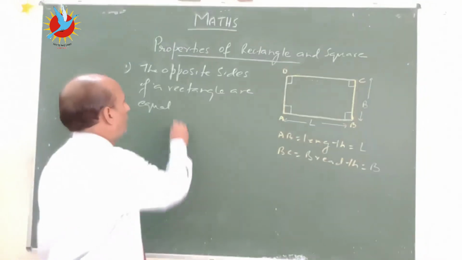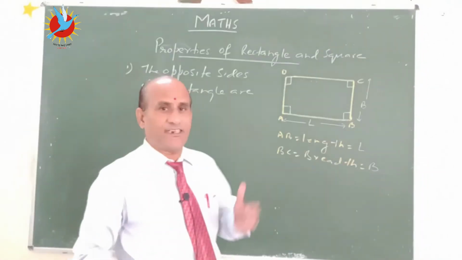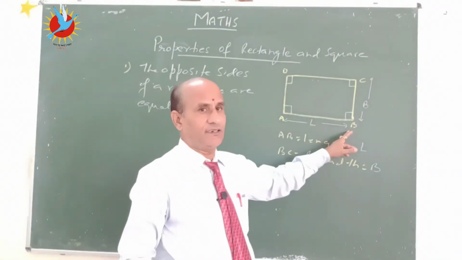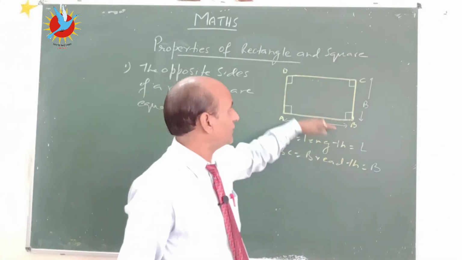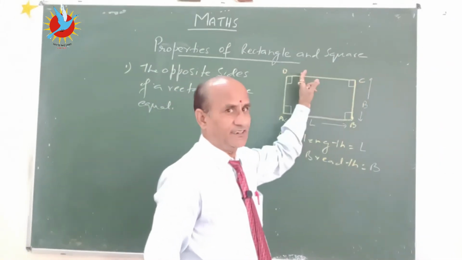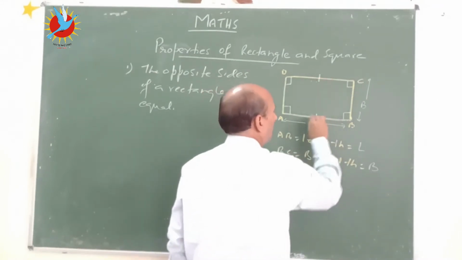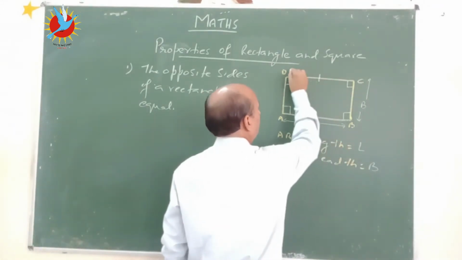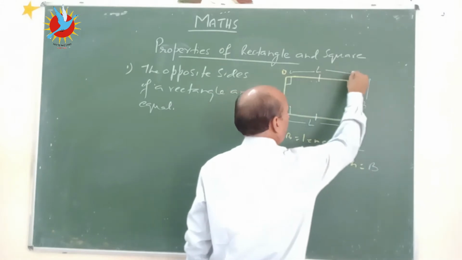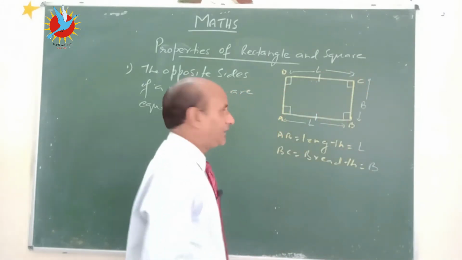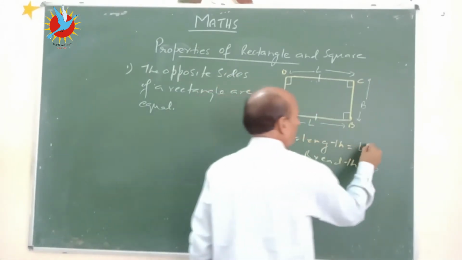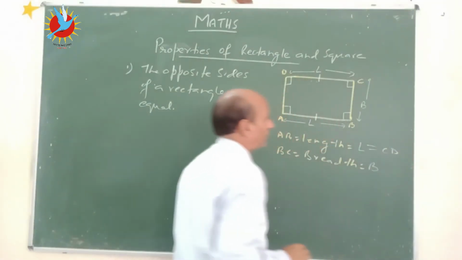Now which are the opposite sides? AB is the length and its opposite is CD. So AB and CD are equal. If this is a length, then this is also the length. It means AB is equal to CD.